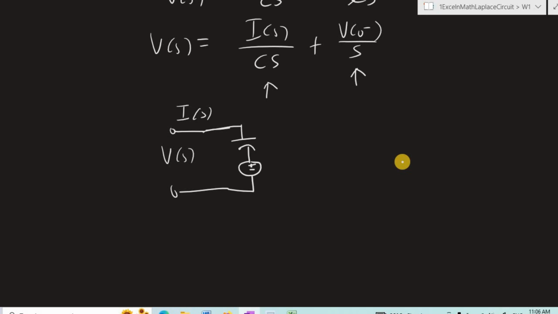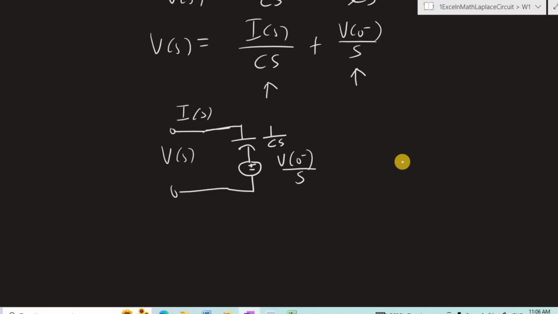The magnitude of the voltage source is V0 minus over S. The impedance of the capacitor is 1 over Cs. And now we have derived the series circuit model for the capacitor in this domain.